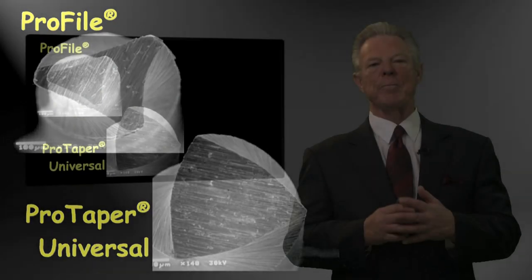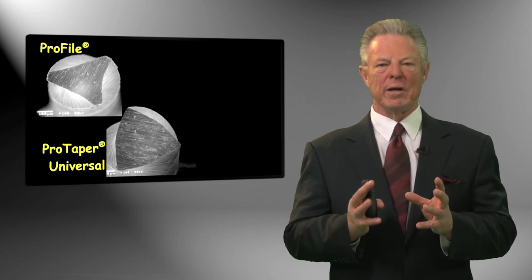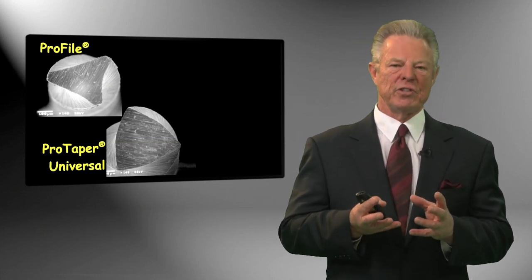So this is a horizontal cross-section, SEM of course, of ProFile. And this was what we started with. And it was a very wonderful instrument, way better than trying to connect the dots with hand instruments. We could blend out the shapes and in some cases start early and do all the work for us. But sometimes the work wasn't as efficient as we wanted it to be. And then with the ProTaper Universal, we began to see a cutting instrument that truly was efficient.